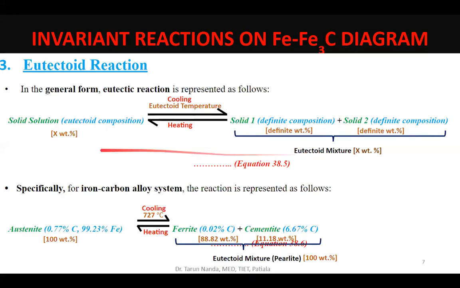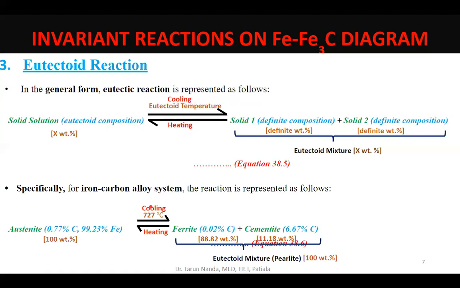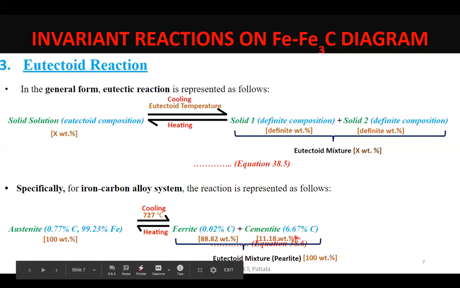Fine. If we are talking about this reaction in the iron carbon systems, virtually all iron carbon alloys will undergo this reaction. And how? When any iron carbon alloy reaches 727 degrees centigrade, one of the phases which is present in it is always austenite, which is required for the eutectoid reaction, exactly of 0.77 percentage carbon. It converts through the eutectoid reaction into ferrite and cementite. Ferrite formed would be of maximum possible carbon.